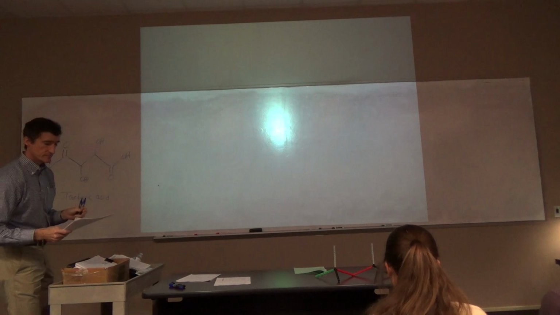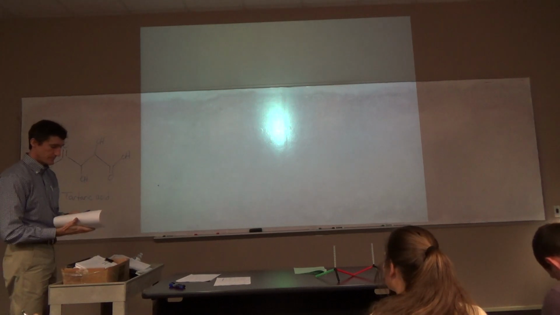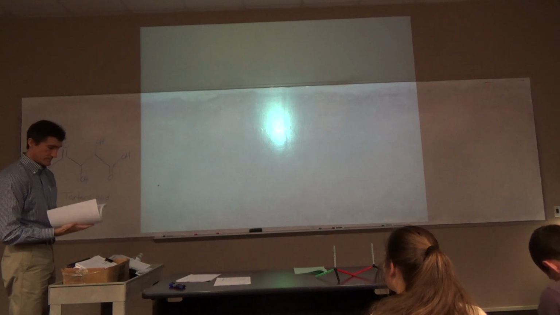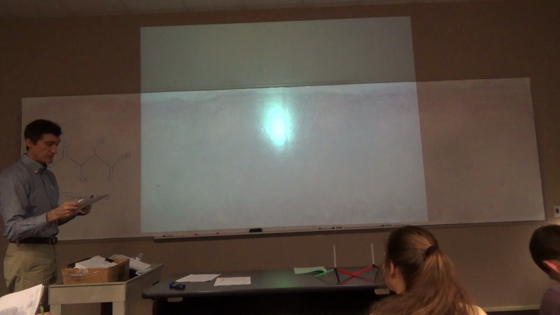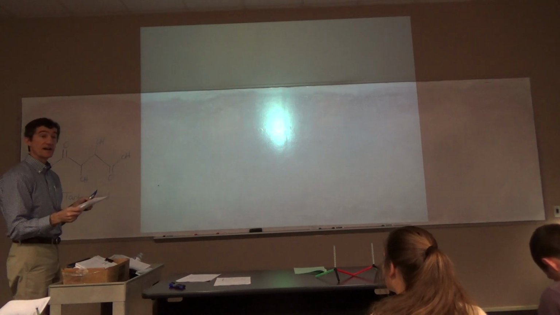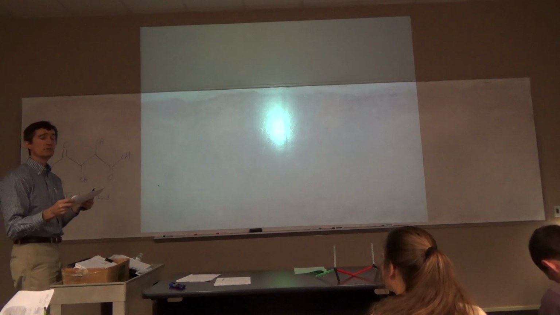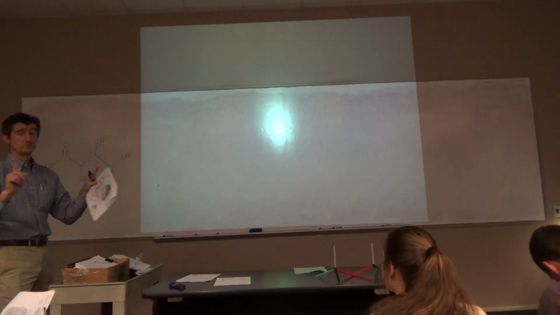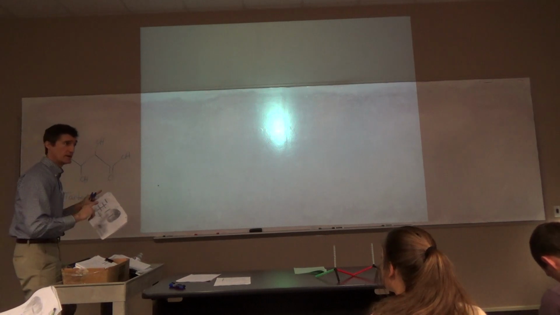Question? Why did they draw in the hydrogen on DHT and Propecia? They drew in one of them. Right. Why? Because the carbon that it's on is chiral. Excellent question. And when you have a chiral carbon, you then have choices. And so if you have choices, it's important to clarify.